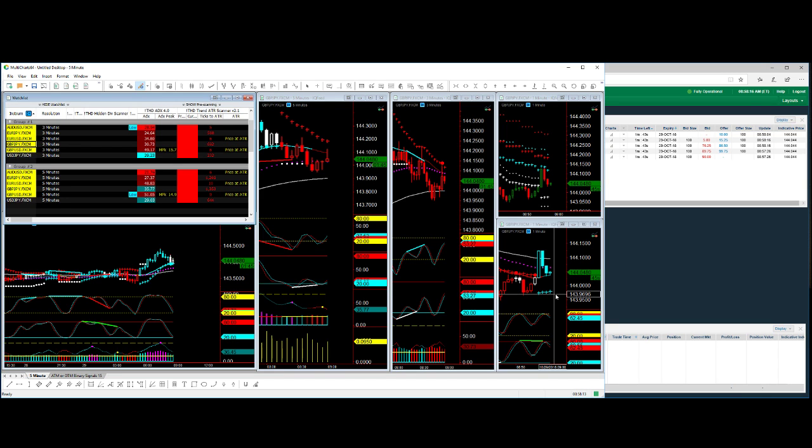Ideally, on that 1 minute, we'll see hidden divergence. If it doesn't come in, then we don't have a trade. It's that simple.